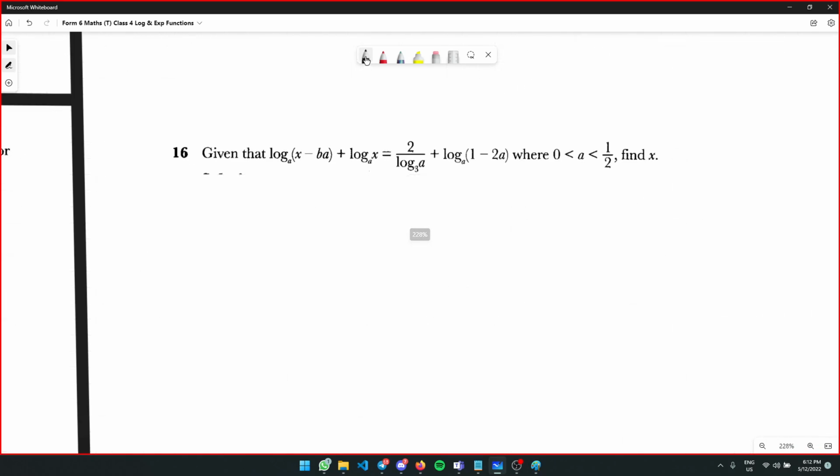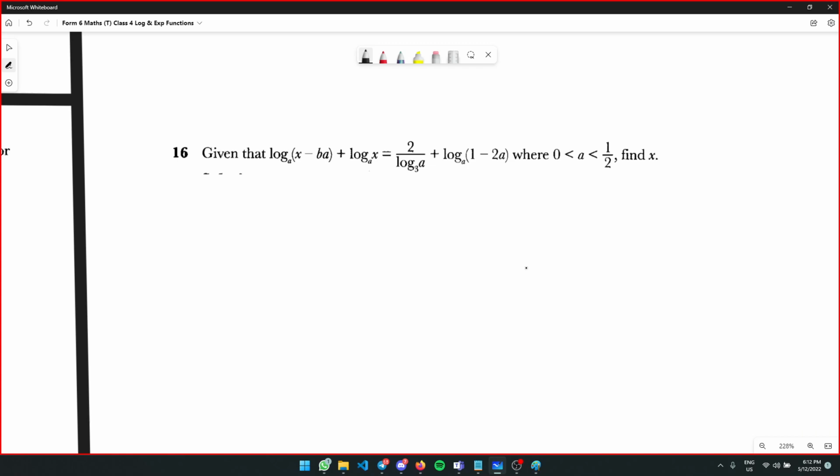So just go through this quickly. Given log a x minus 9a plus log a x equals something, where a is a value between 0 and 0.5, so definitely it gives me a negative value. So where do we start with this?